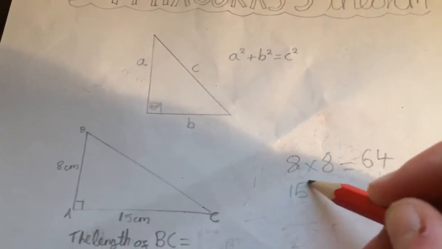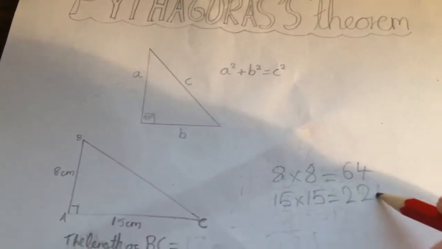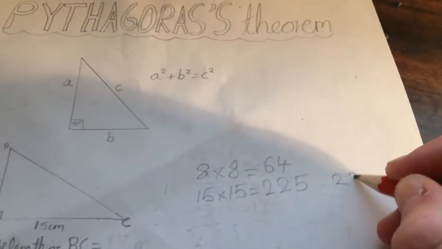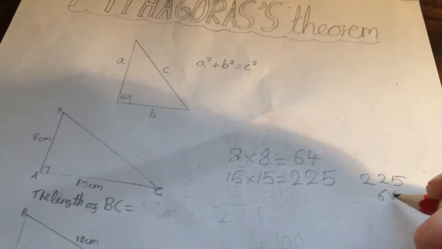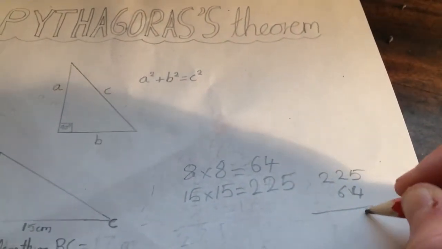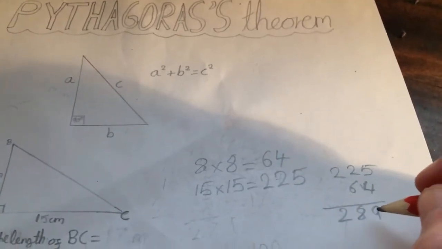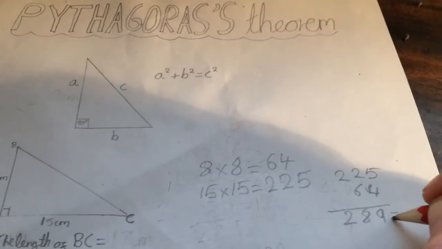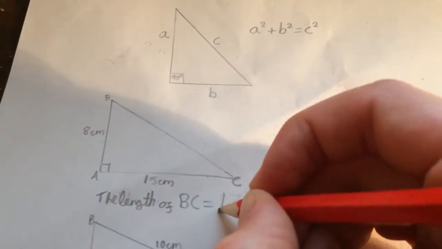Then we will times 15 by itself to give us 225. We add these two numbers together to give us 289. Then we find the square root of 289, which is 17. 17 is the answer.